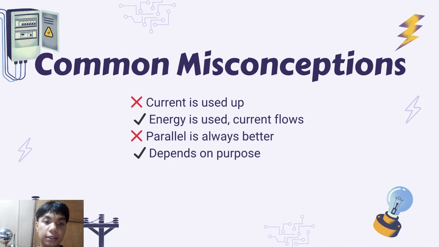While parallel circuits are more reliable, series circuits are still useful in certain situations, especially when simplicity is needed. Some people also think that higher voltage is always dangerous, but safety actually depends on how voltage, current, and resistance interact. Understanding these misconceptions helps us build a clearer and more accurate understanding of how electrical circuits really work.